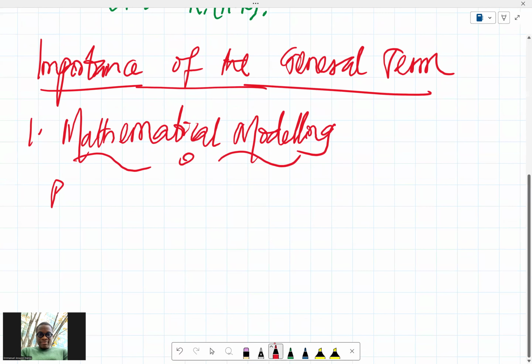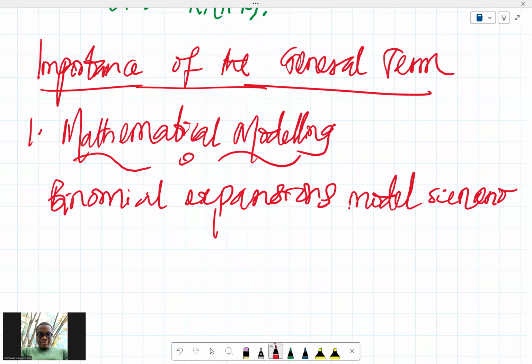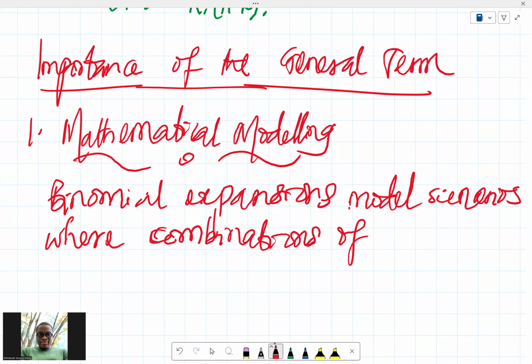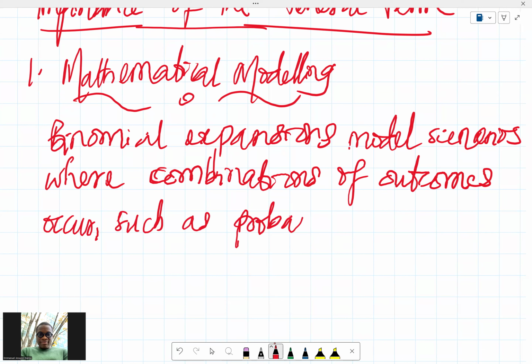Binomial expansions model scenarios where combinations of outcomes occur, such as probability calculations.